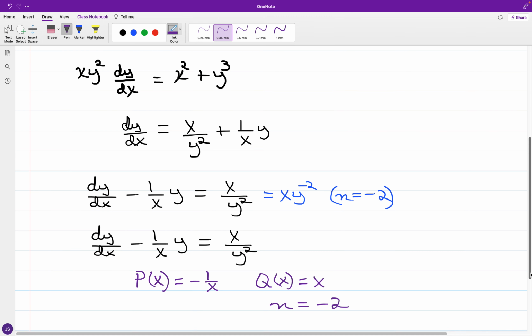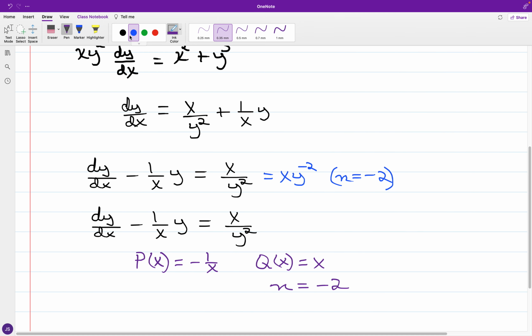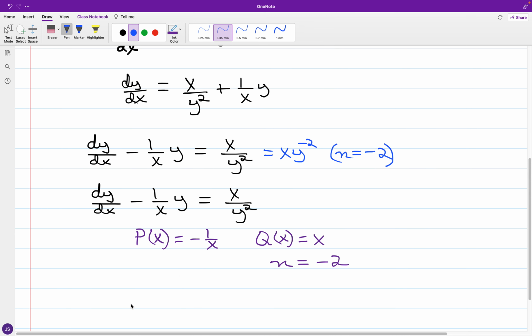Just setting the stage here, again, we have v, the substitution variable. We have that v is equal to y raised to the 1 minus n degree. With n at negative 2, 1 minus n is equal to 1 minus negative 2, and that is equal to 3.